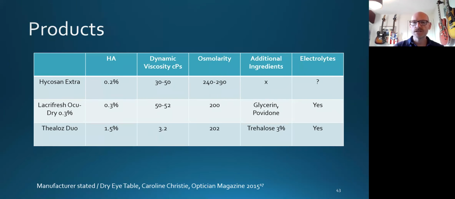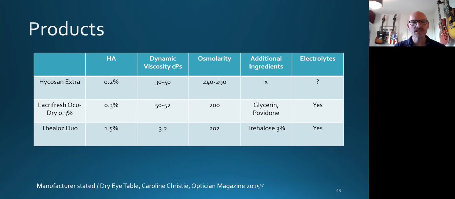A bit of a shootout here, a comparison to see how they compare. I've looked at the amount of hyaluronic acid in each product, and you see there's a bit of variation: 0.2 for Hycosan, 0.3 for the Lacrofresh.